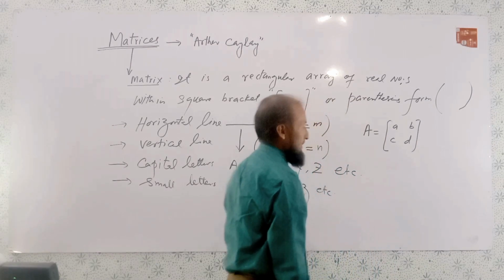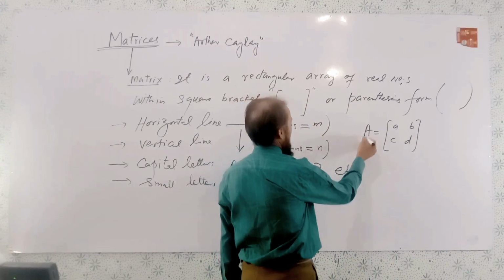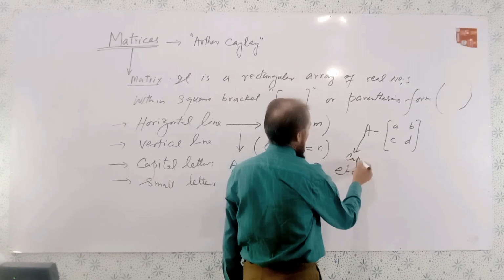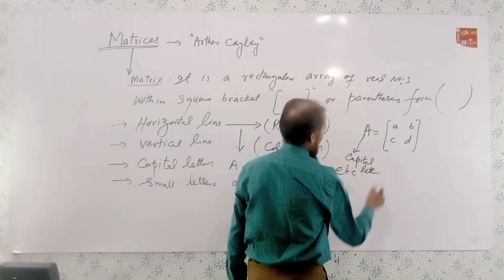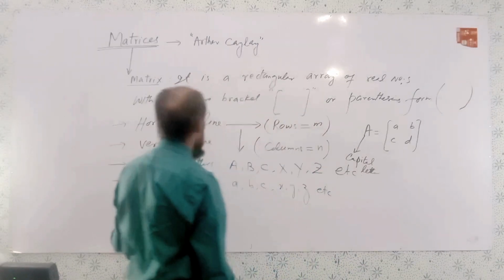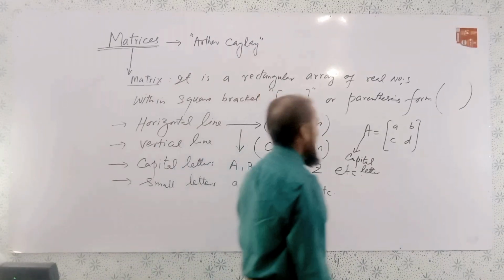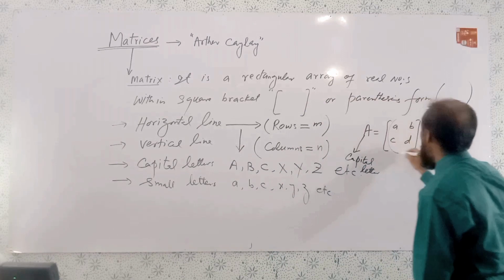This is a matrix because the representation of a matrix is a capital letter, and its elements are denoted by small letters.